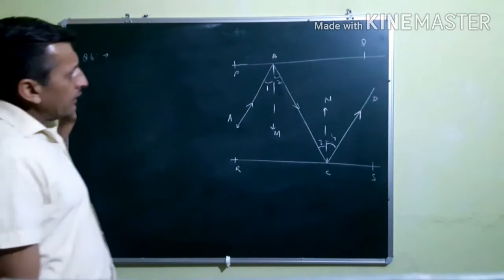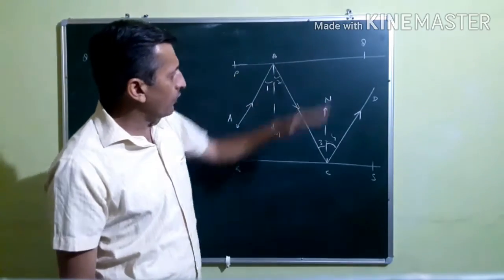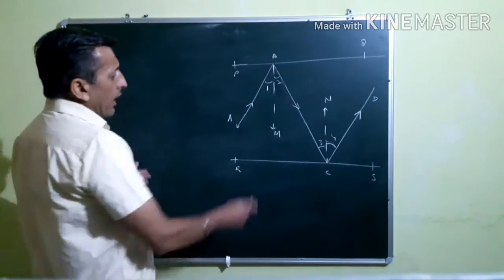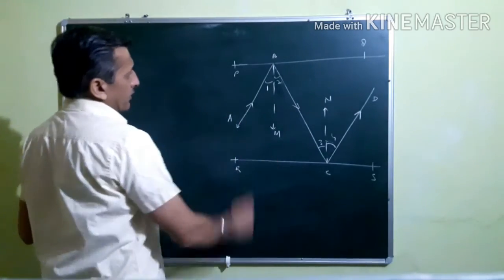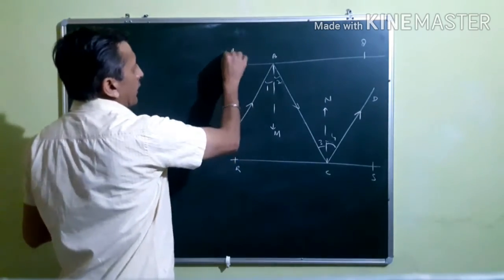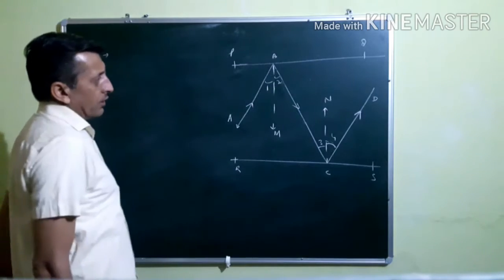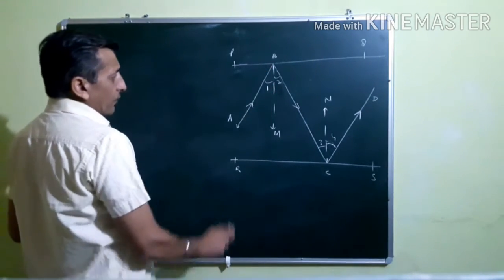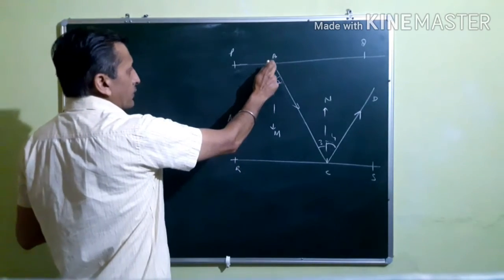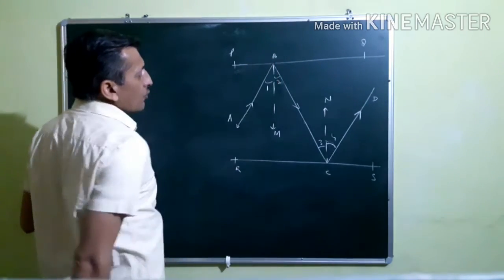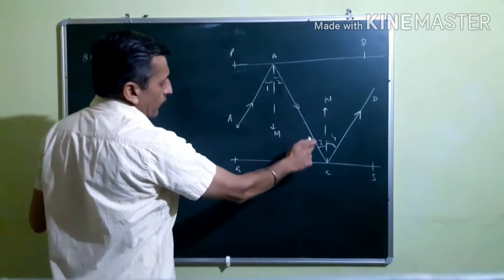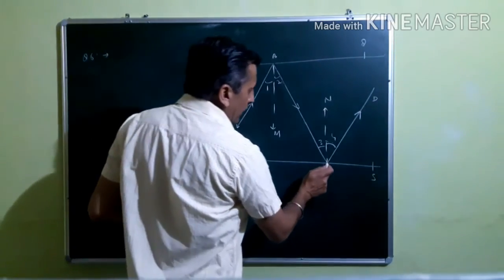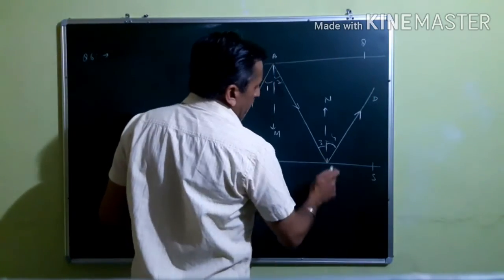In this question he said that PQ is the position of a mirror and RS is another mirror, and both the mirrors are parallel to each other. AB is the incident ray that strikes the mirror PQ at B, and this is the reflected ray that strikes the mirror RS at C, and once again it is reflected, that is CT.